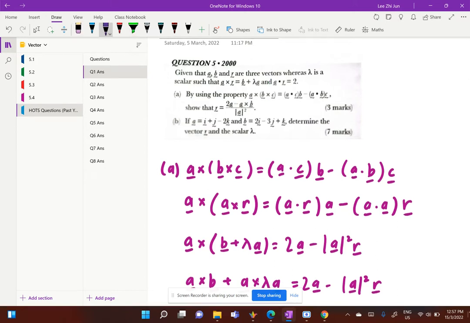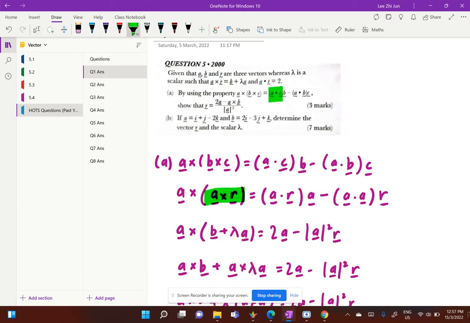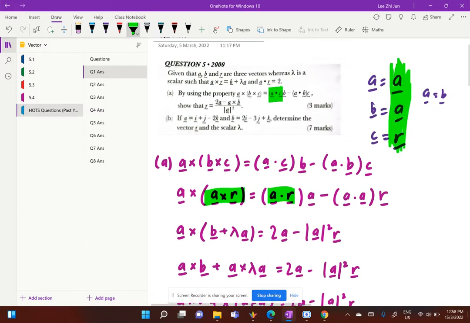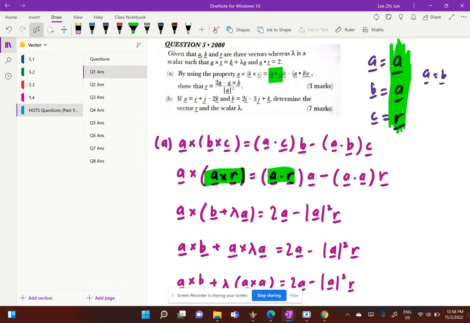The cross product gives A cross R, so I substitute this A cross R into this B cross C, and the dot product A dot C, so A dot C I substitute with A dot R. Before that, you need to know that in this question I will use A equals A also, B equals A also, so this A equals B, and this C will be R. This is what I substitute in this property.